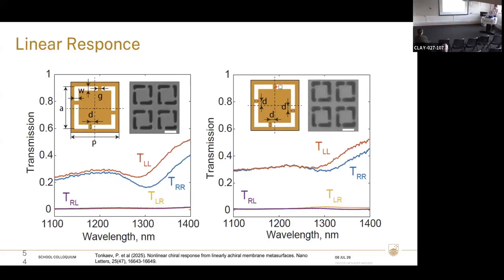That's why they are not fully equal to each other. But the cross component is still zero because of the selection rules for C4 symmetry. In this case, the copolarized components are close to each other, but the cross-polarized component is now allowed because we break the symmetry.